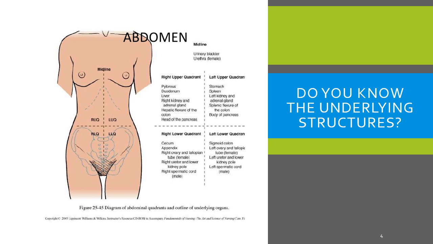You should know which structures and which organs are in which of the 4 quadrants, and that's essential. So you should be able to recite those. You should know if somebody has pain in one of those quadrants, what your differential diagnosis is. And you should know if an organ is enlarged, where it will be located once it is enlarged.